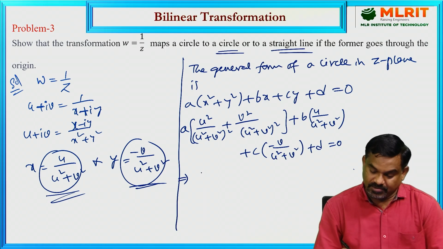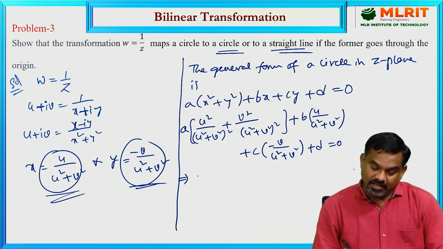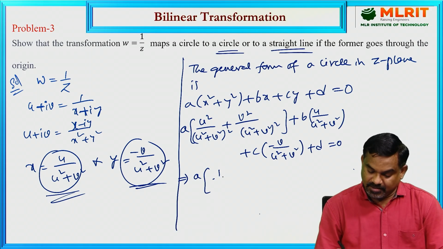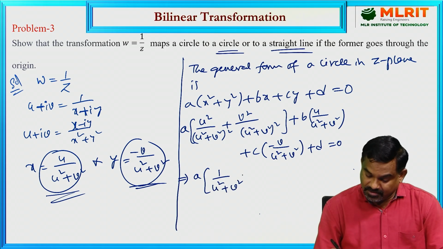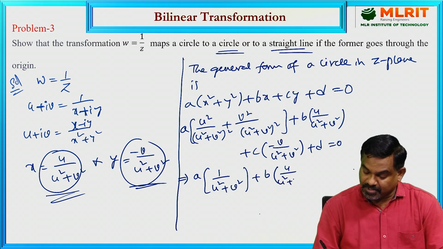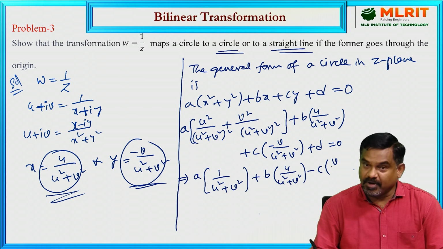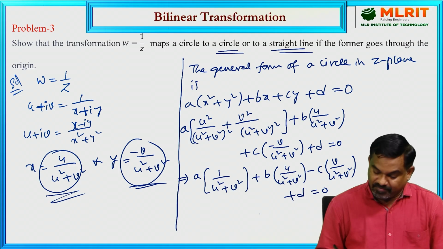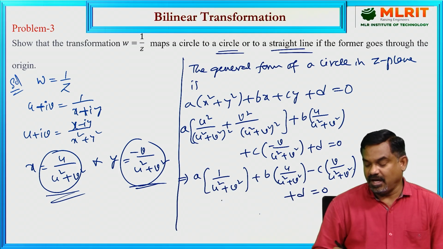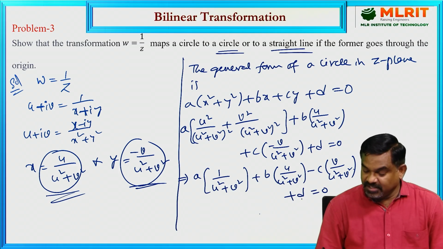By taking LCM here, a into u square plus v square by u square plus v square whole square, so those terms get cancelled, plus b into u by u square plus v square minus c into v by u square plus v square plus d equal to 0. And again simplifying, we can take the LCM here and d is a constant term.